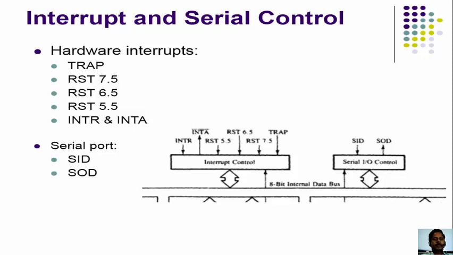Here 8085 provides 5 hardware interrupts: TRAP, the highest priority interrupt, RST 7.5, 6.5 and 5.5, and the general purpose interrupt INTR with INTA bar, which is mainly used to expand the interrupt system. And for serial communication, 2 pins are available: serial input data and serial output data.